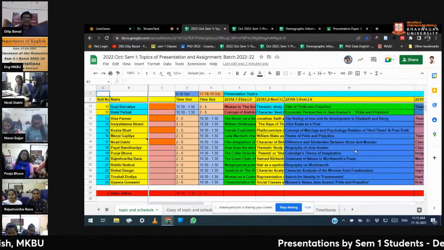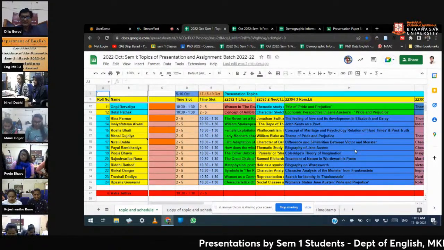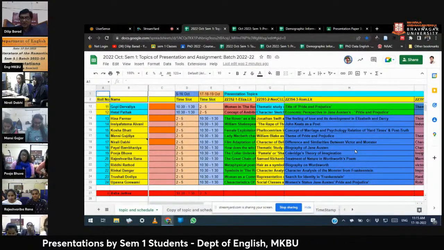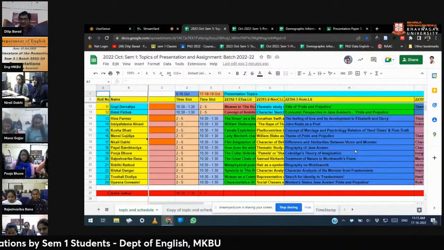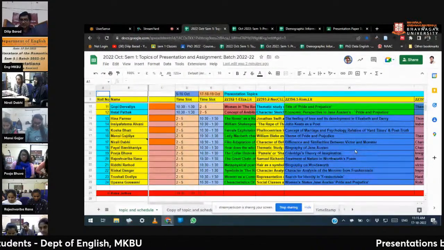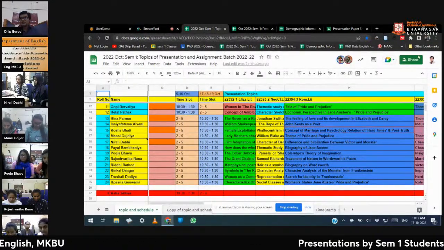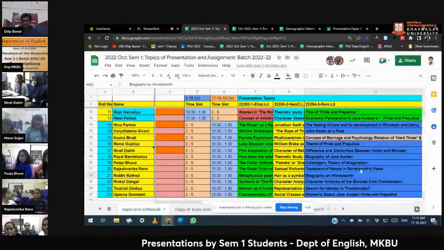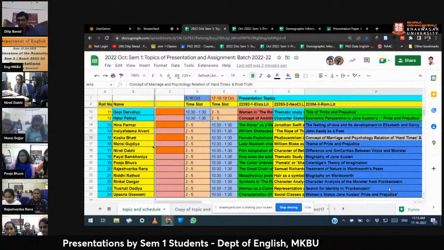Insia will read on John Keats as a poet, followed by Kosha, who will read on concept of marriage and psychology relation. You see, relation of hard times.